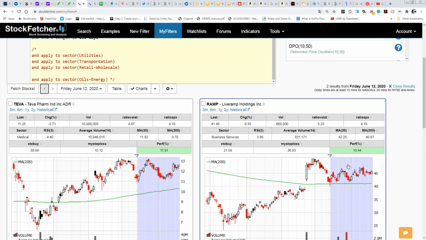This is fine. It's away from this line. This came awfully close to the line, but it looks good. It looks like it's ready to blow up. I like this pattern. Ramp. Actually, I could buy Ramp right now. It's still below 70. Not overbought.